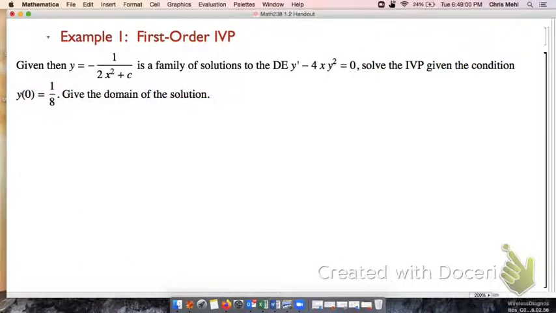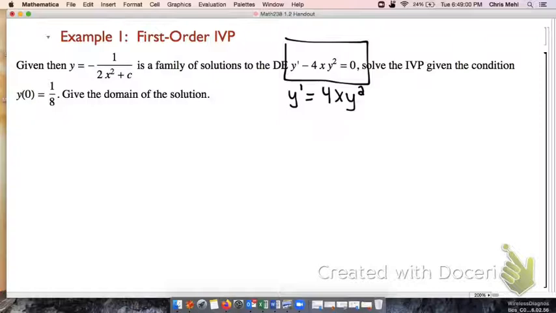Again, notice this is a first order differential equation. The highest derivative that appears is y prime. If you wanted to write that in normal form, right now it's in what's called the general form. You could write that as y prime equals 4xy squared. We'll actually learn how to solve this differential equation eventually.